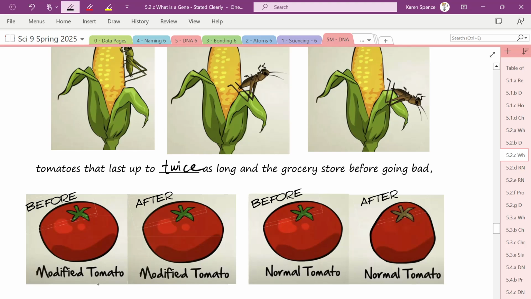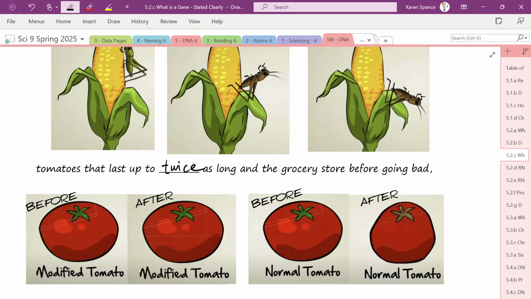So here's our modified tomato, and then here's our normal tomato. And that's a really good thing if you're having to transport those tomatoes a long distance. So if you're living in northern BC and your food has to be trucked up to you, you don't want those tomatoes going bad, right?